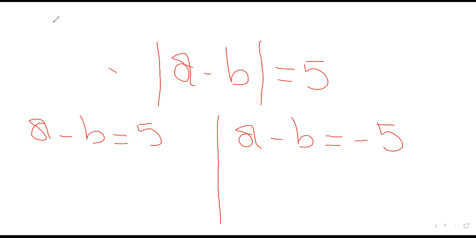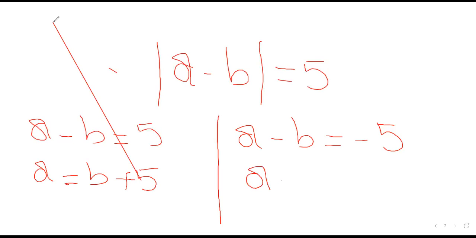So these are the two. Once again, I'm reading. For all values, the positive difference of A and B is 5. What is the positive difference between the two solutions? If you are looking for the first solution, A is equal to B plus 5. Am I right? And from here, A is equal to minus B minus 5.